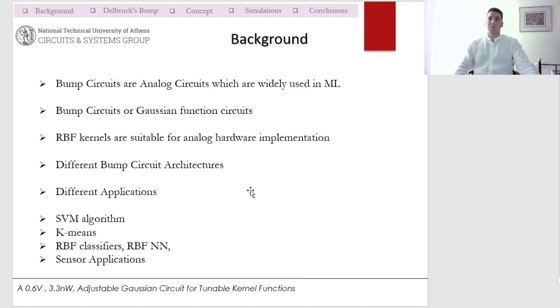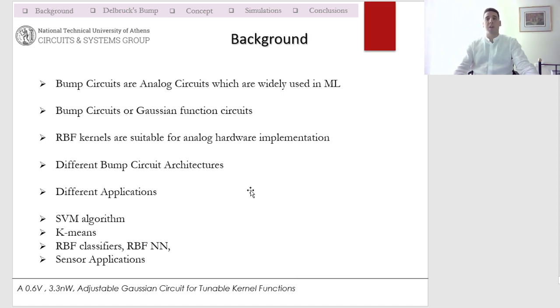Radial basis functions are an especially useful tool in mathematics with a variety of applications, ranging from mathematical approximation and, of course, interpolation to engineering applications. RBFs, as they are called, are extensively used in machine learning.